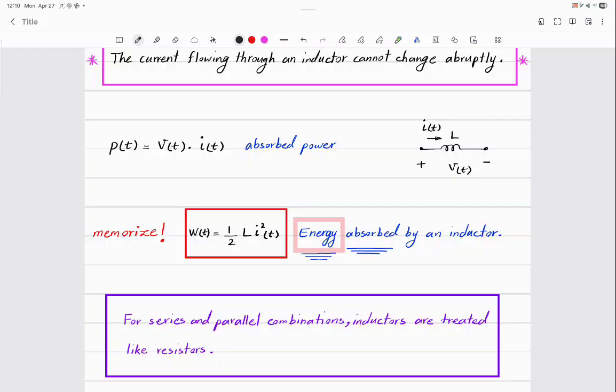Now, one formula is very important for your exam, in the sense that sometimes you get it mixed up with the equation for power. It's not for power. It's for absorbed energy or received energy or stored energy, whatever. It's 1/2 Li squared. Do you remember the equation that gives you the energy for a capacitor? 1/2 CV squared, okay?